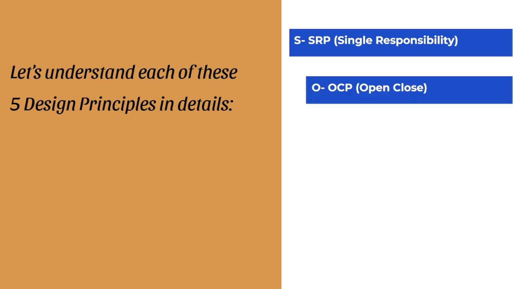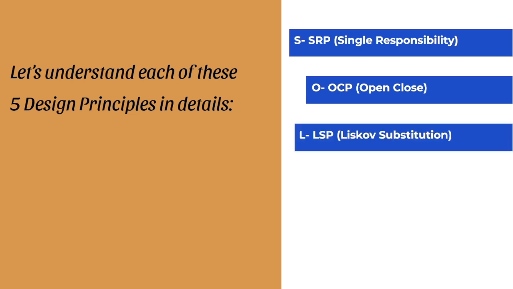Now next is O. O is the OCP principle, that is the open close principle, which says that objects should be open for extension but closed for modification. So in this scenario we need to inherit the class and then we can make any extension changes on that. So this is the open close principle.